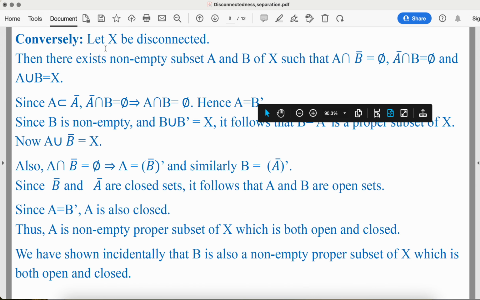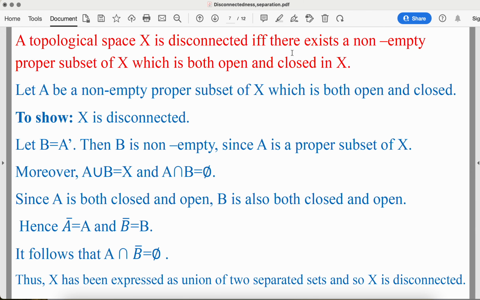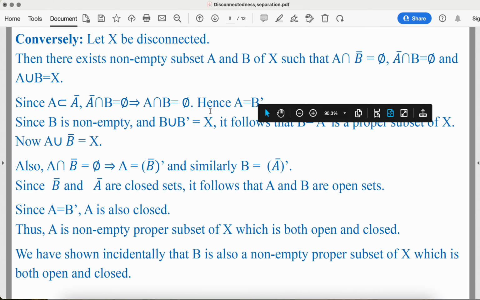Now the converse part. Let X be disconnected. Now we will show that there exists a non-empty proper subset of X which is both open and closed in X. So we have assumed X to be disconnected.